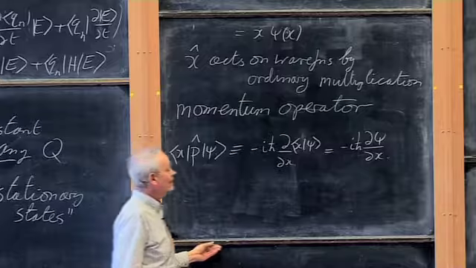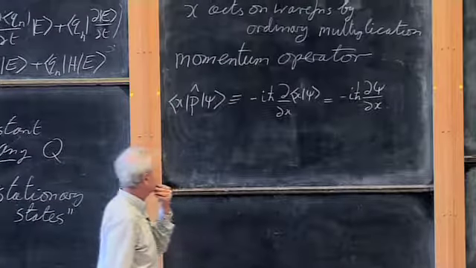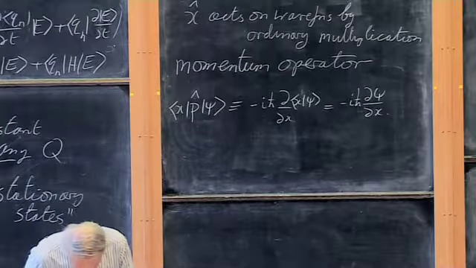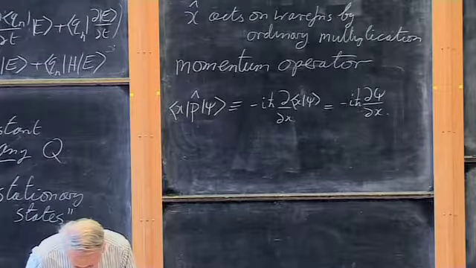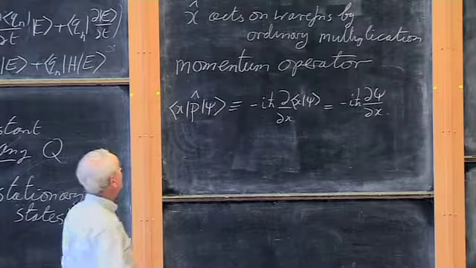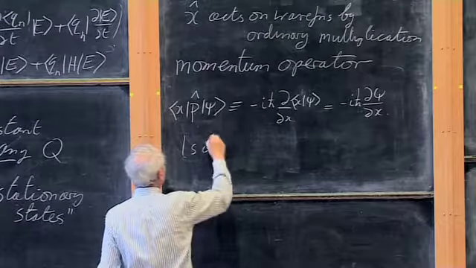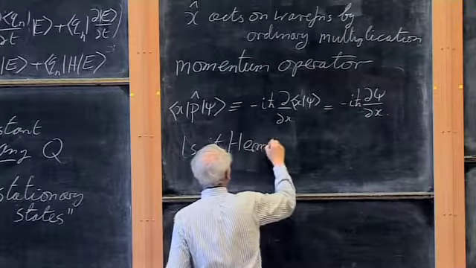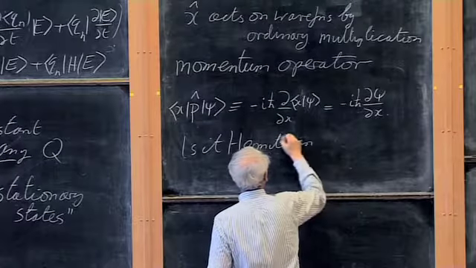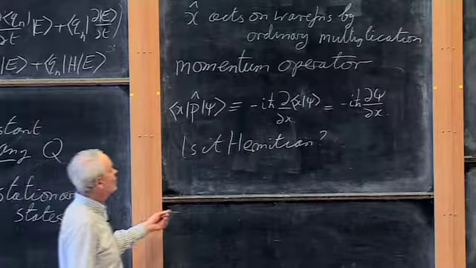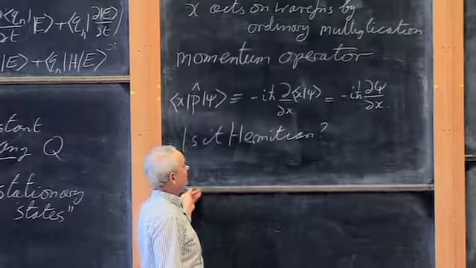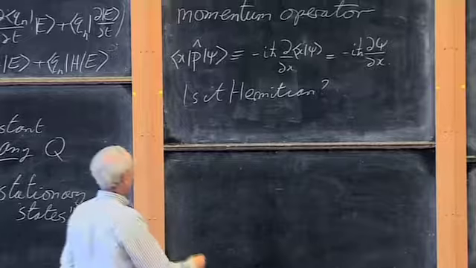That means it is at least a valid operator. Is it Hermitian? It's not obvious that it's Hermitian, and if it isn't Hermitian, it certainly can't be the momentum operator. So let's check that out.